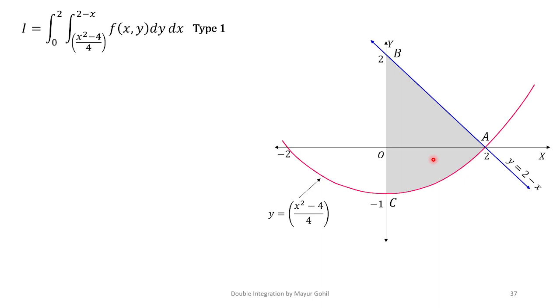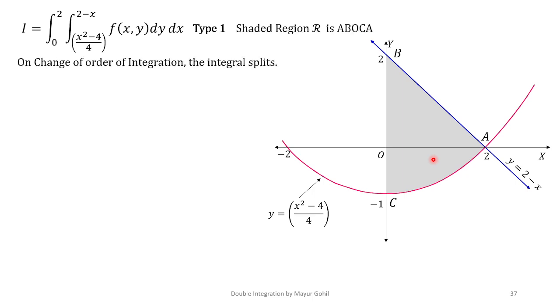Now this is a type 1 region. On changing the order of integral, the integration is going to split. Let us see what is going to happen. This is a type 1 region but not type 2. We have seen such examples. When I pass the horizontal line over here, it is entering at the green dot and exiting at the blue dot.